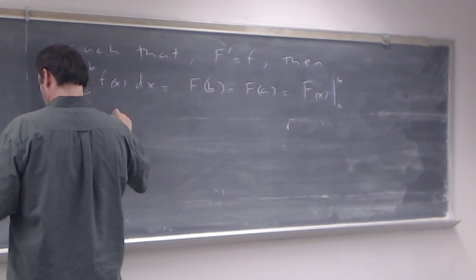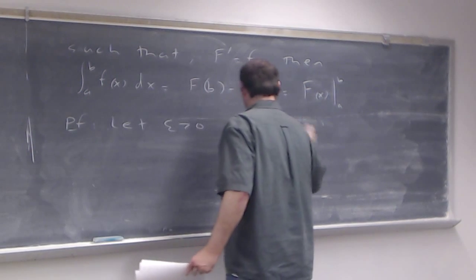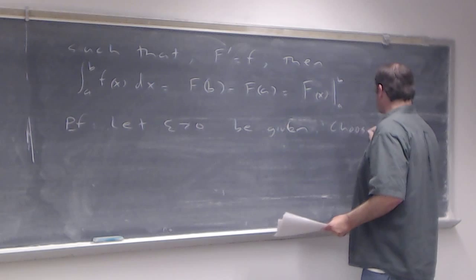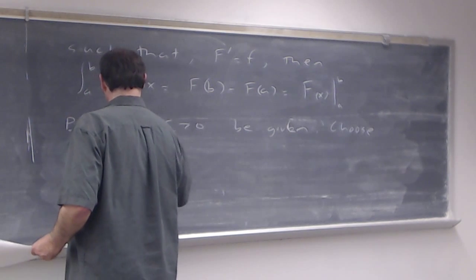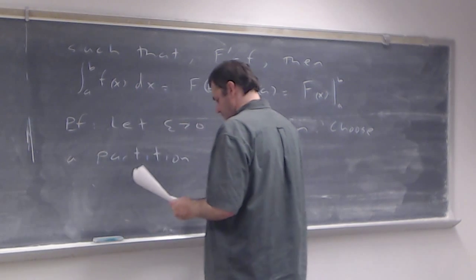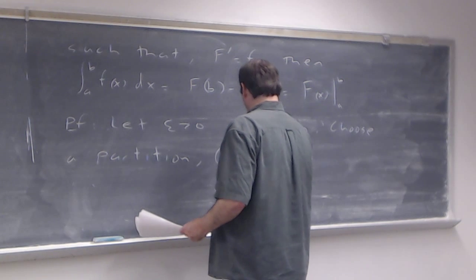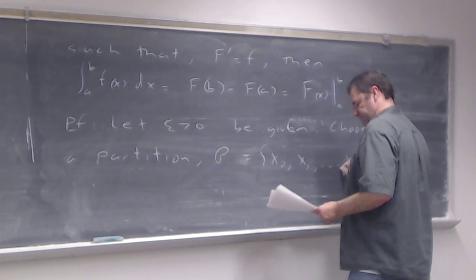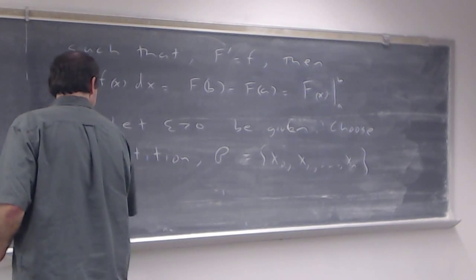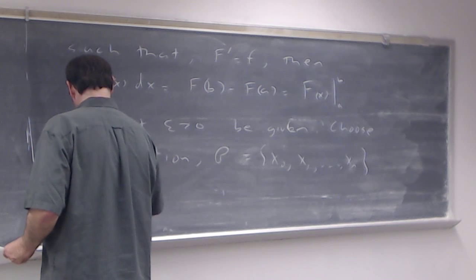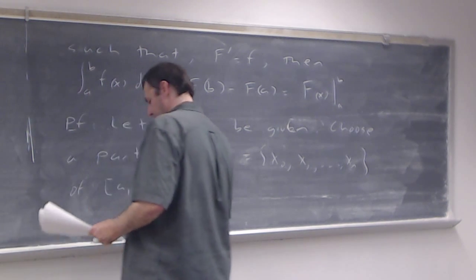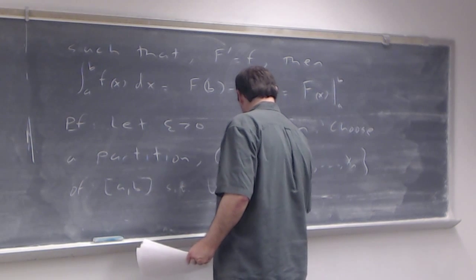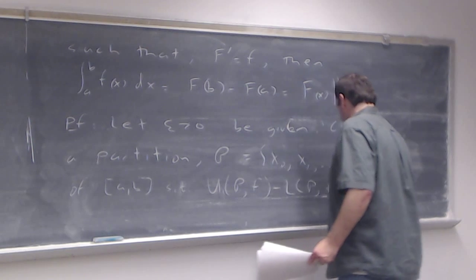So here, if we let epsilon be greater than 0 be given, choose a partition, let's call it script P, equal to x of 0, x of 1, all the way up to x of n, of a to b, such that the upper sum with this partition and f minus the lower sum with this partition and f is less than epsilon.